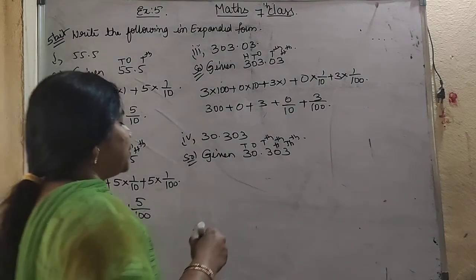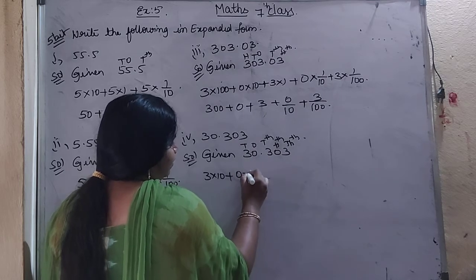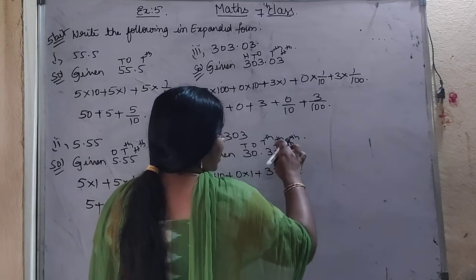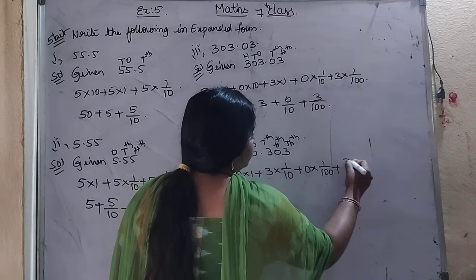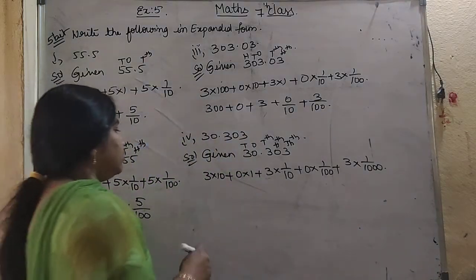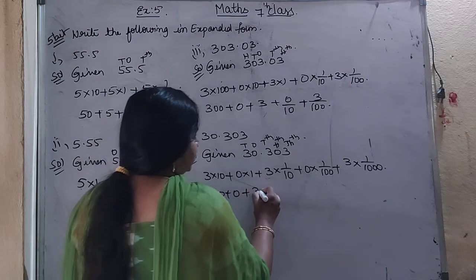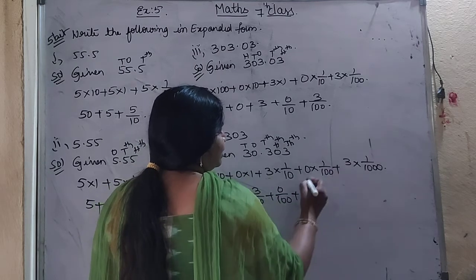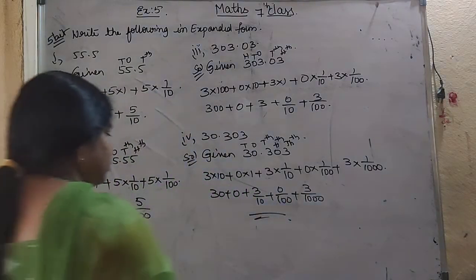So now the whole number part expansion we will do. 3 into 10 plus 0 into 1. 3 is in the tenth part, that is 3 into 1 by 10 plus 0 is in the hundredth part, that is 0 into 1 by 100 plus 3 is in the thousandth part, so 3 into 1 by 1000. Now multiply the terms. 3 into 10 is 30 plus 0 plus 3 into 1 is 3, that is 3 by 10 plus 0 into 1 is 0 by 100 plus 3 into 1 is 3, that is 3 by 1000. So this is the expansion for the fourth one.